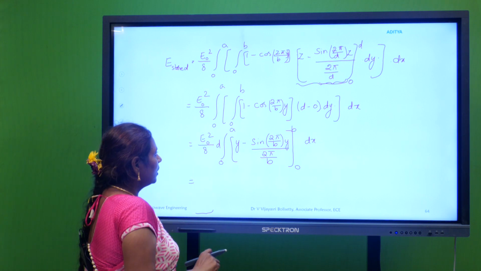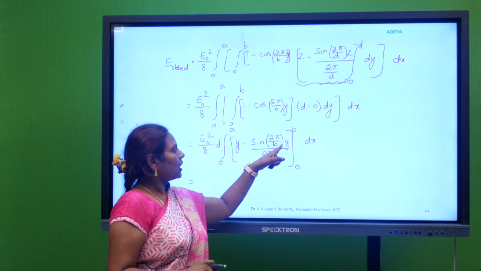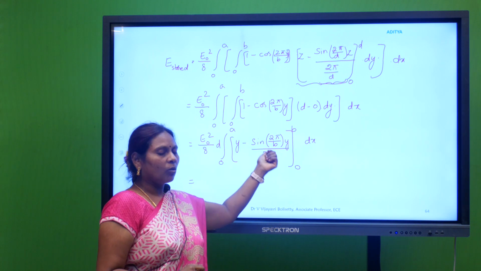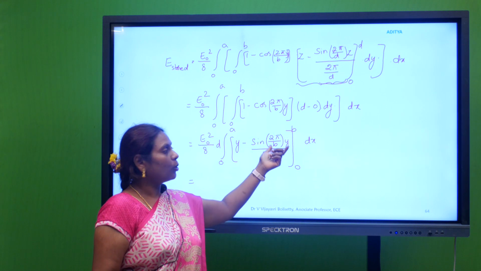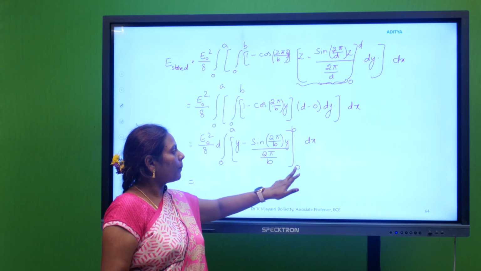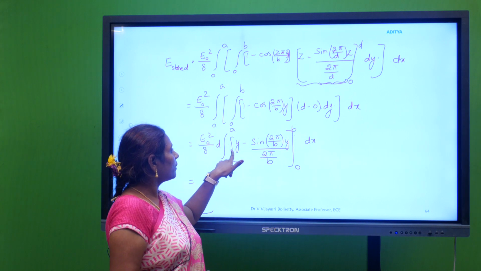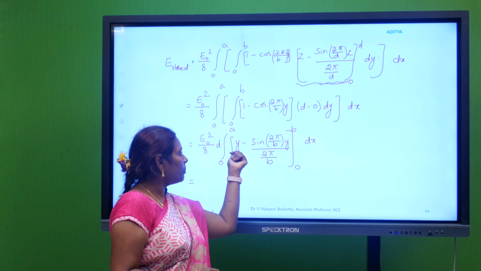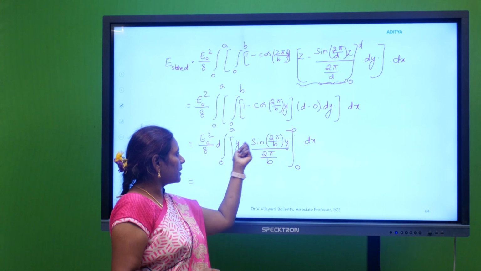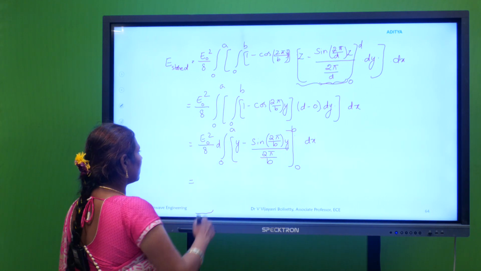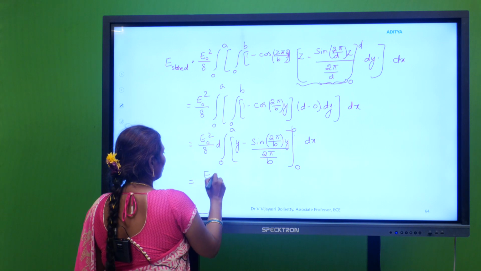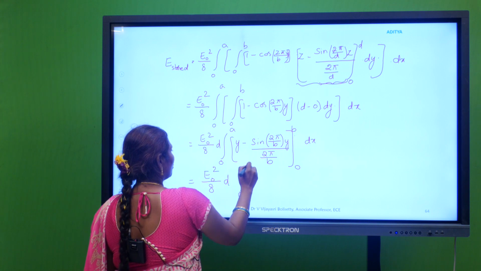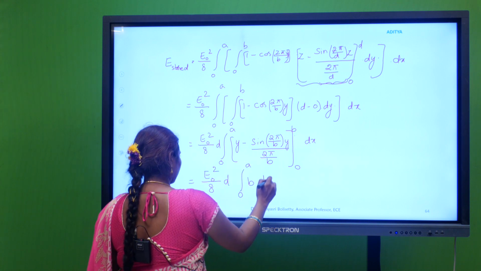Now if you substitute y equal to b, sine 2 pi becomes 0. If you substitute y equal to 0, this function becomes sine 0, that is 0. So the sine function will vanish for both upper and lower limits, and in place of y we substitute the limits: b in place of y, and 0 in place of 0. So this integration results in the value b. That means this is equal to E naught square by 8 d, integral 0 to a, b dx.